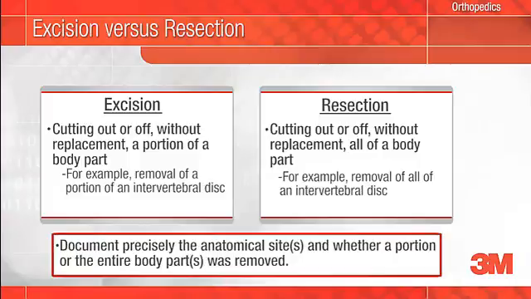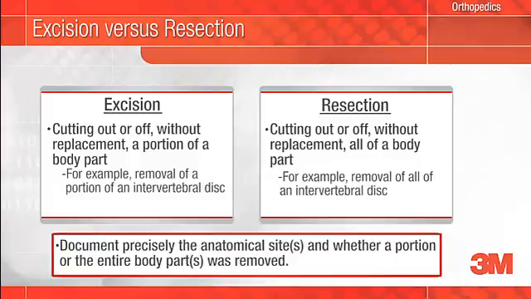This can be particularly problematic for the coder when your documentation is not precise or is ambiguous. For example, the surgical removal of lymph nodes. Resection is assigned when an entire lymphatic chain is removed. Excision is assigned when several lymph nodes are removed, but not the entire chain.